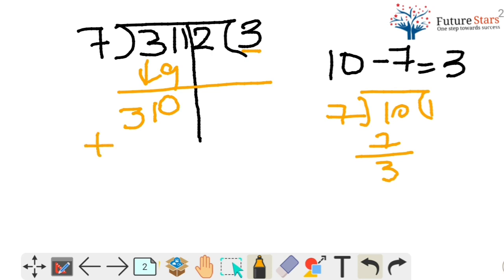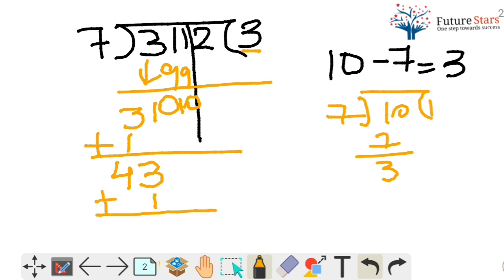So add 1 as quotient to the previous number, that is below 3, and you will get 4. Now write 3 as it is. Now 3 into 3 is 9 again, you will get 10. So again you will divide 10 further, you will get 1 as quotient. So 4, 4 and 3 you will write as it is.